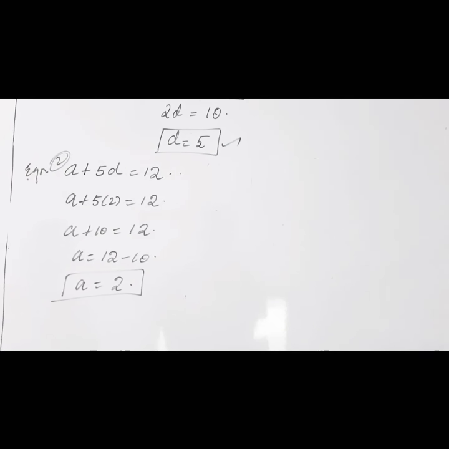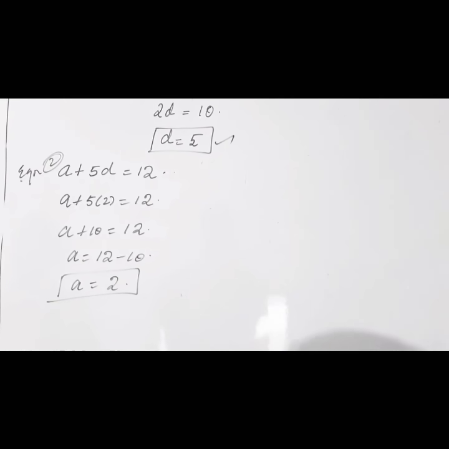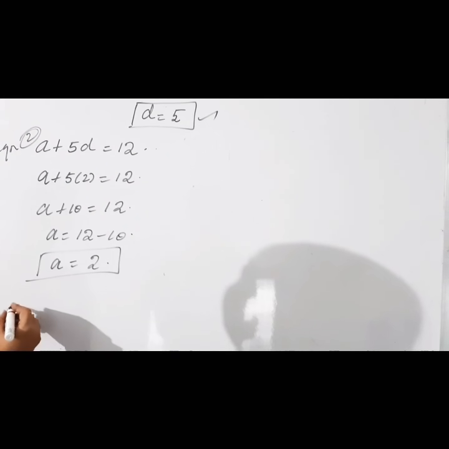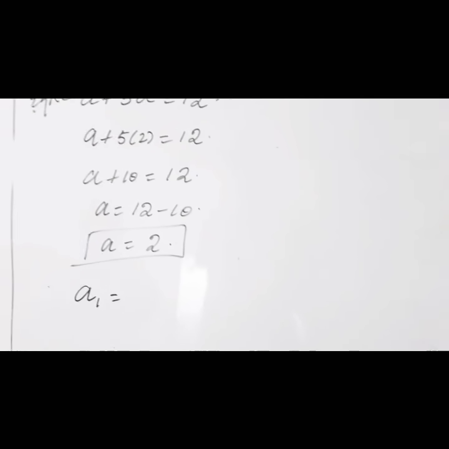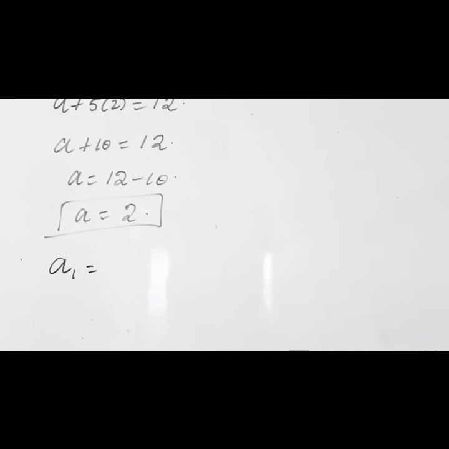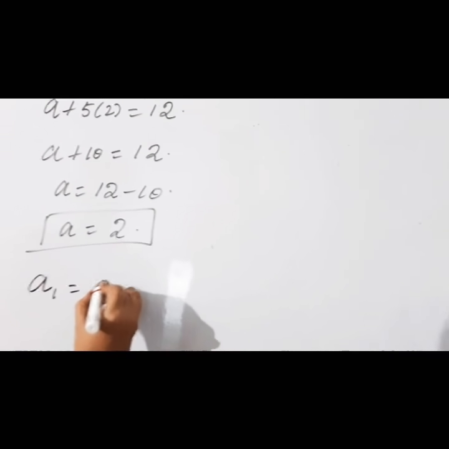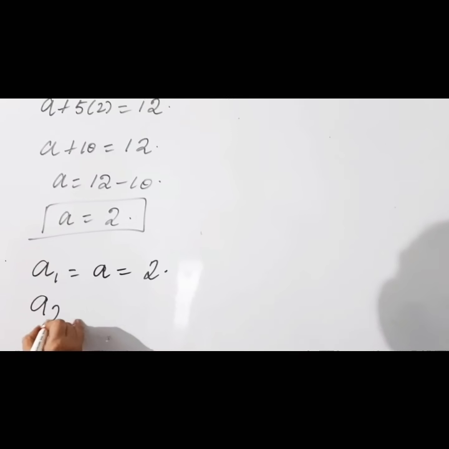So with the help of the given conditions, we found A and D. What they actually asked us to find are the first three terms of the AP. What is your first term? First term is A1, which is your A, equal to 2. What is your second term?